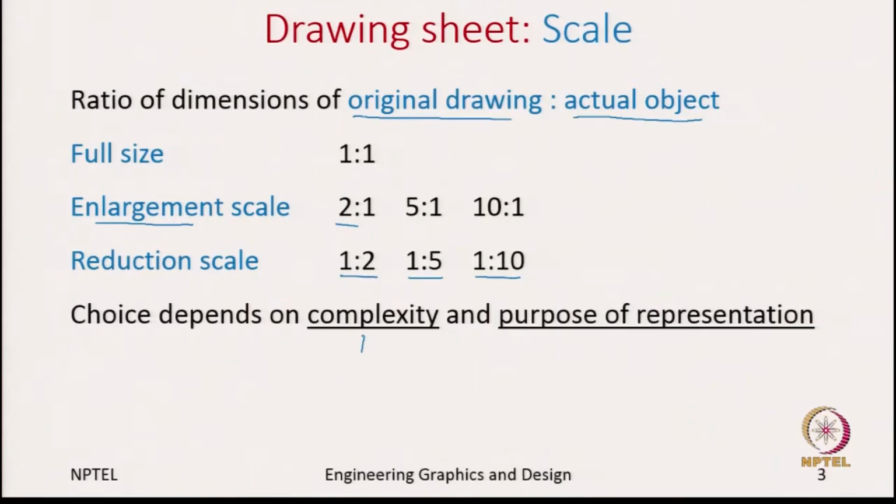Again, this is the choice the person who is drawing should make, and when making this choice, the points to remember are the complexity of the object he is trying to depict and the purpose of representation, because the purpose will tell you how much detail you want to convey.